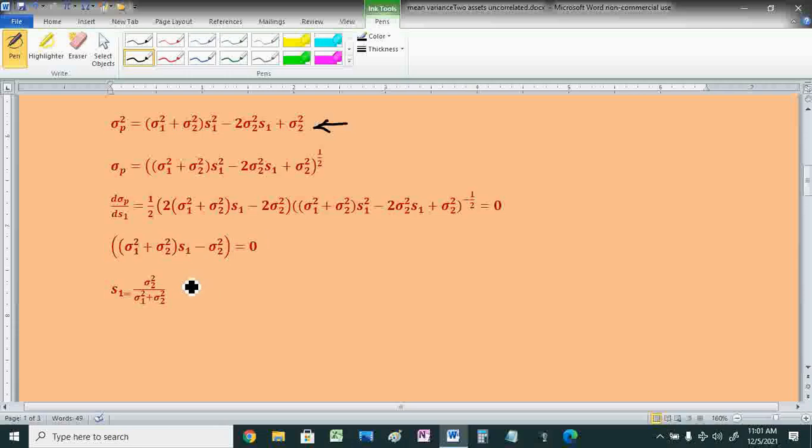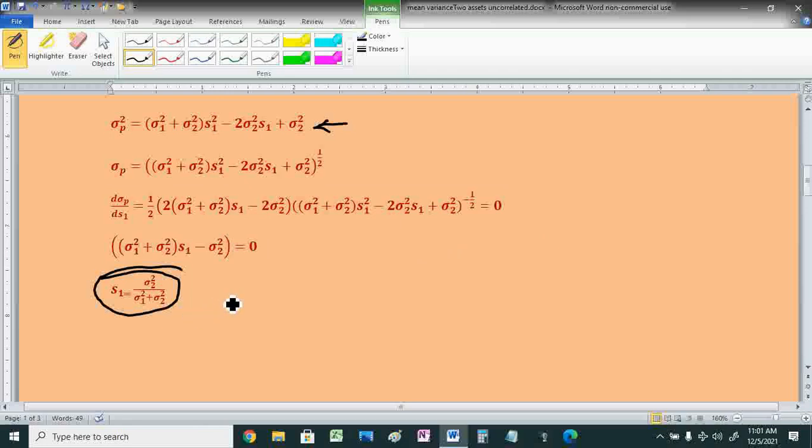This is the share of my savings that I should be putting in security 1 when the two assets are totally uncorrelated to each other, such that my variance will be at its minimum. Recall that this is the standard optimization problem: taking the derivative of this function with respect to S1, equating it to 0, and then solving it for S1.